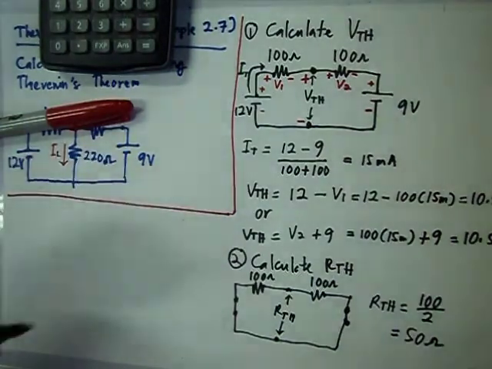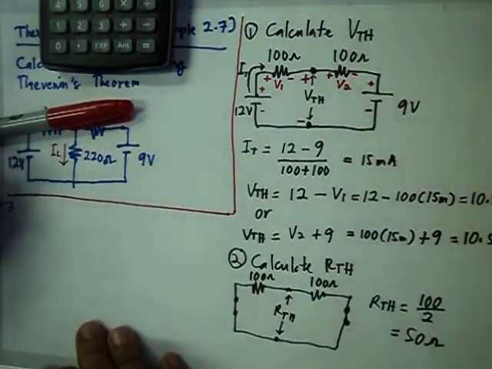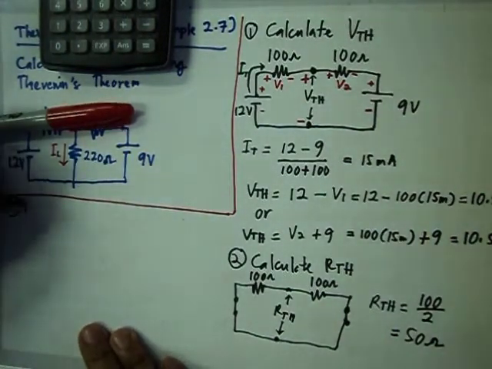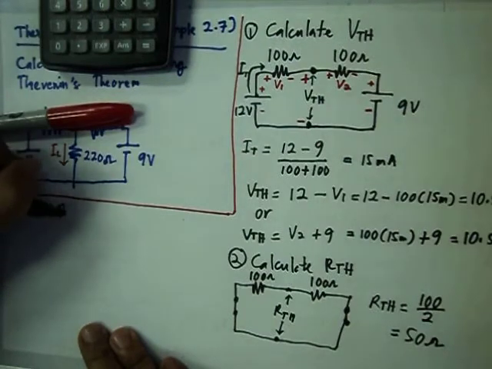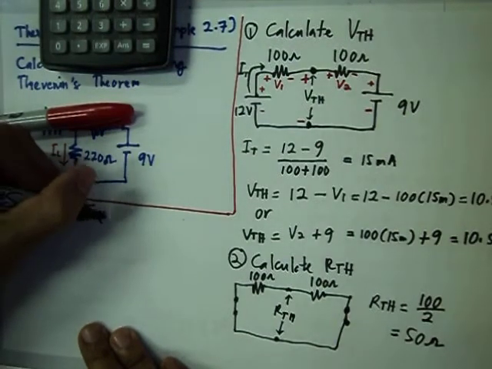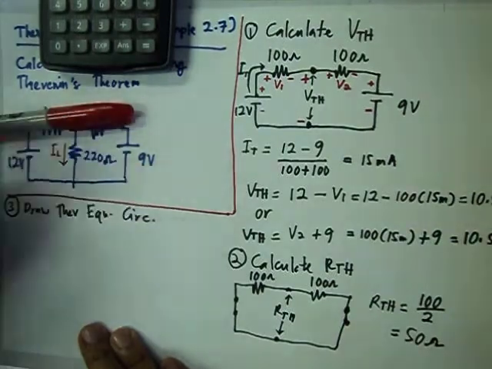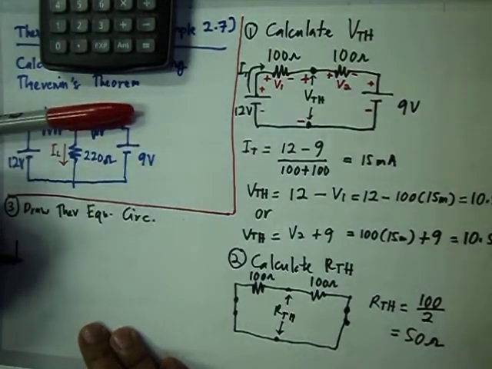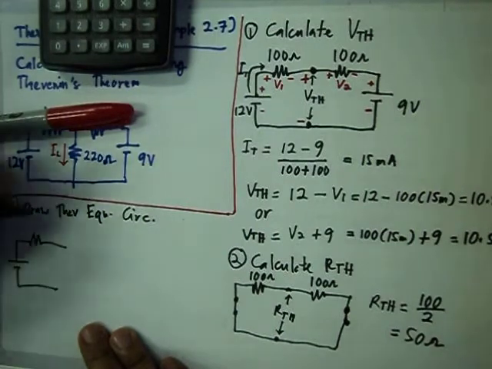Now we go to the last step, draw the Thevenin equivalent circuit, with voltage and resistance.